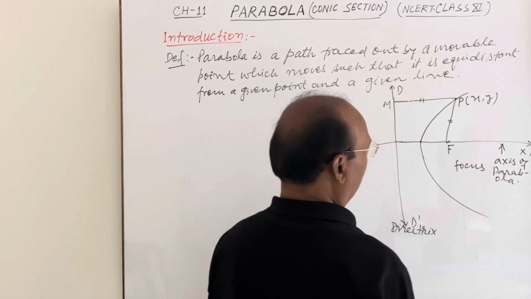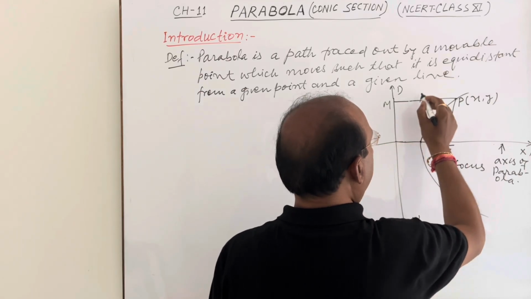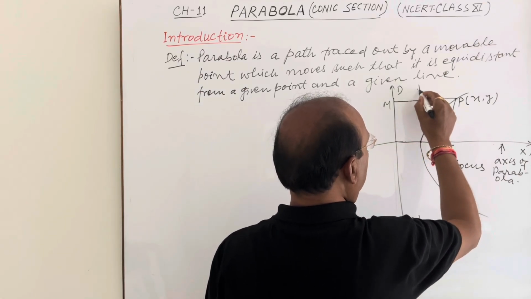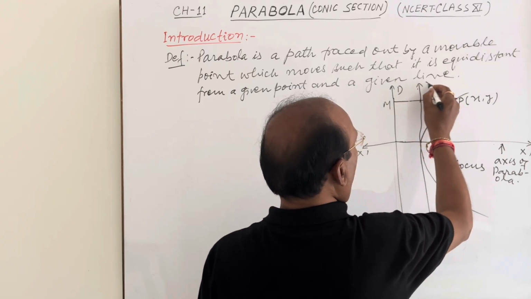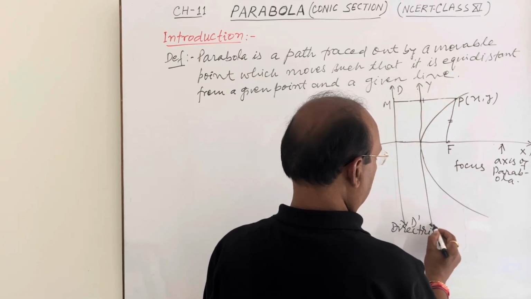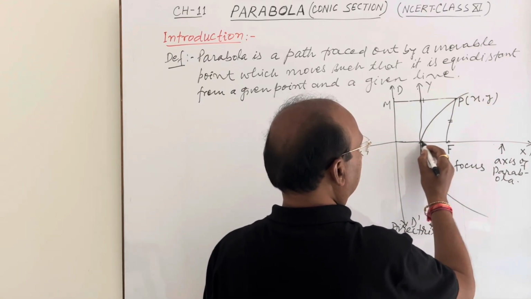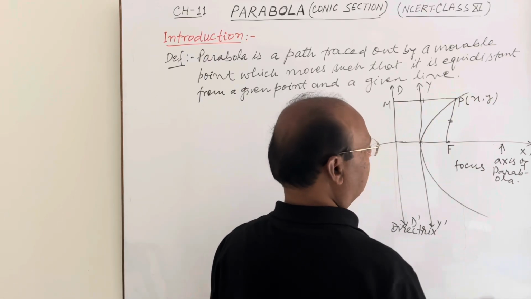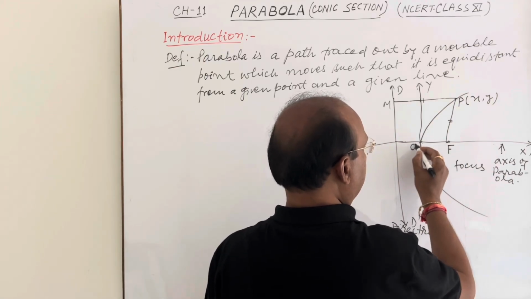Okay, and this will be the origin of the axis system. So the y-axis will pass through this point. This will be y-axis, y dash. This is the origin, or you can say the vertex of the parabola. So you can write O here.